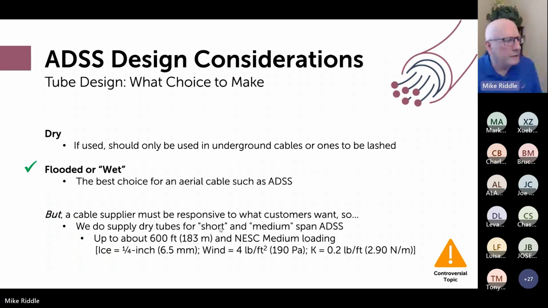And just to give you some boundaries of what I'm talking about as moderate, here's the NESC loading conditions. A quarter inch of ice, 6.5 millimeters, 4 pounds per square foot wind, or 190 pascals, and then this additional K factor, we call it. Long story about that. So we do make that sort of concession to what the market wants.